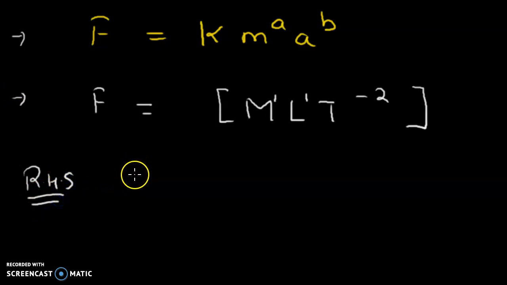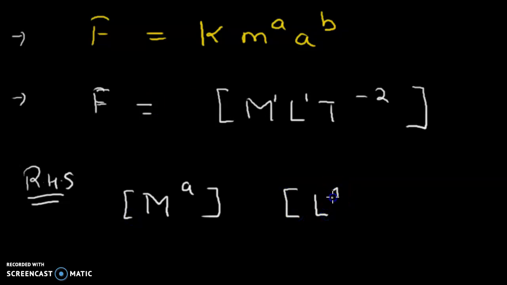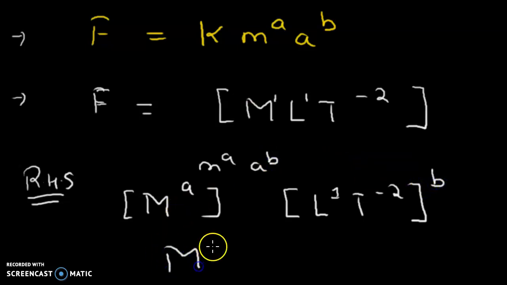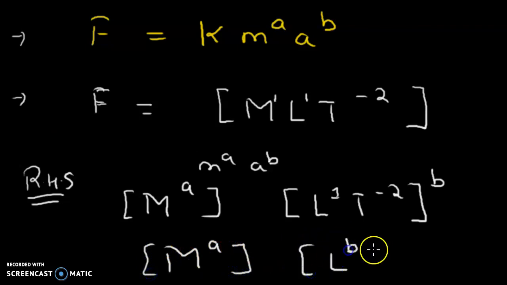For the constant it's a number, so the dimension formula of that would not exist, but for mass the dimension formula would be M only, M to the power A. For acceleration the dimension formula is L to the power 1, t to the power minus 2. Now the power of acceleration is B, so the whole thing comes to the power B, so it becomes M to the power A and L to the power B, t to the power minus 2B.